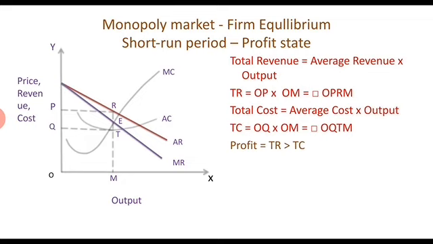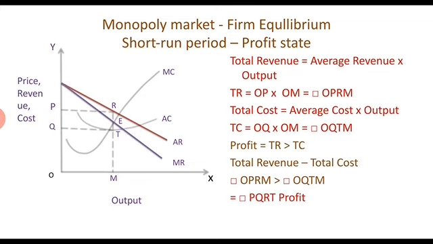Here total revenue is greater than total cost, so the firm can get profit. Total revenue is rectangle OPRM and total cost is rectangle OQTM.